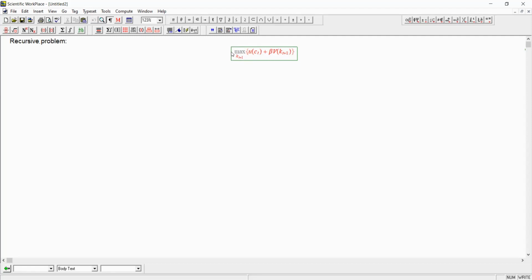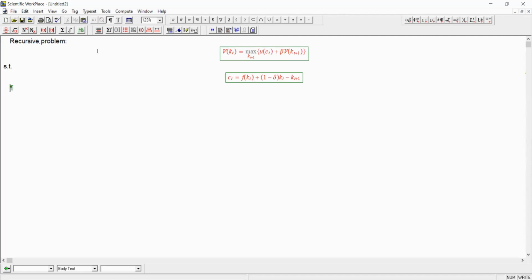And the recursive nature of the problem comes from the fact that this too should equal the value the agent gets today. This was all subject to a constraint that consumption should equal some function of capital, the production function, plus undepreciated capital that goes forward from today to tomorrow minus capital tomorrow. This summarizes the feasibility constraints along with the capital accumulation constraint.